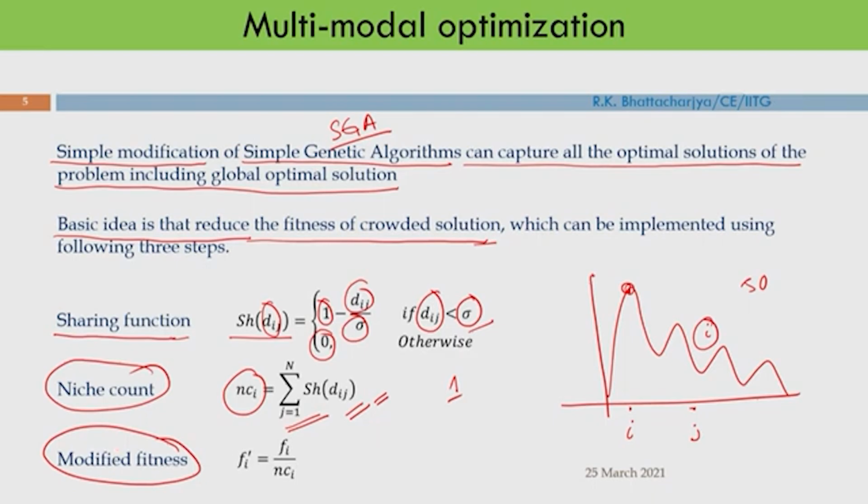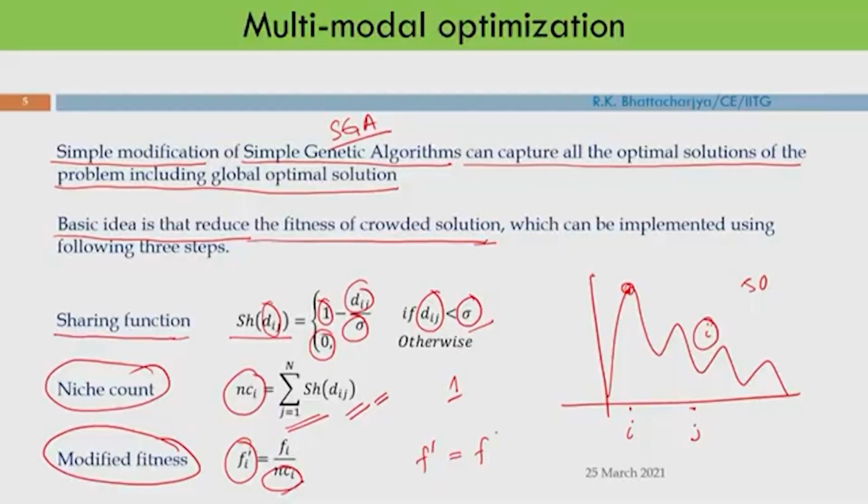Once I get the niche count, I calculate the modified fitness. The modified fitness is f dash i, which is basically Fi divided by NCi, the niche count. So, if the niche count is 1, the modified fitness equals the original fitness, meaning that particular solution is not crowded. Therefore, the fitness value will not reduce, as that is an isolated solution.